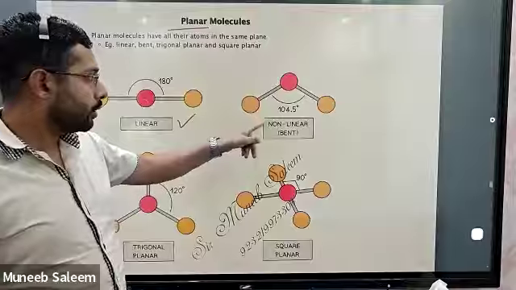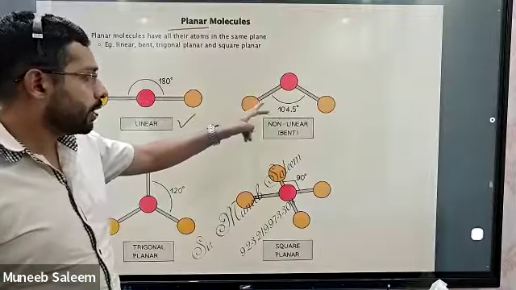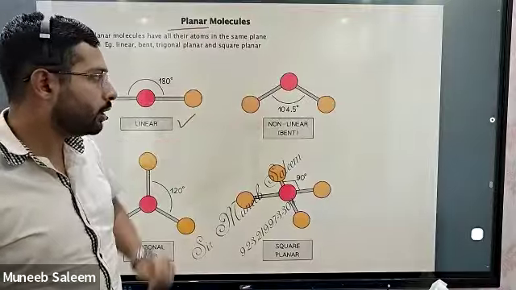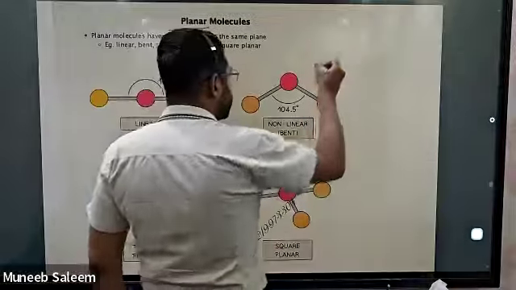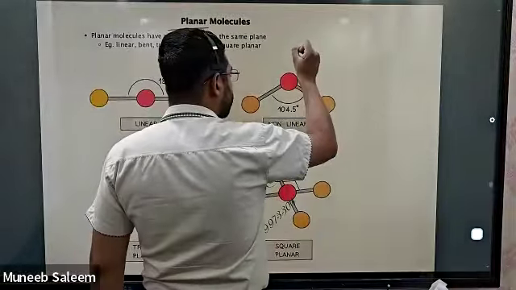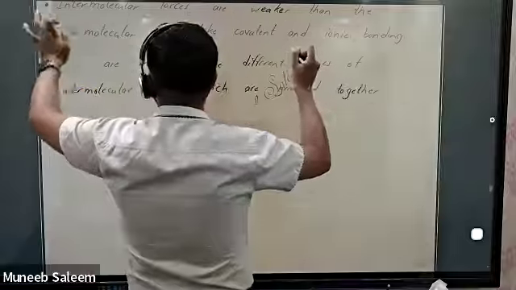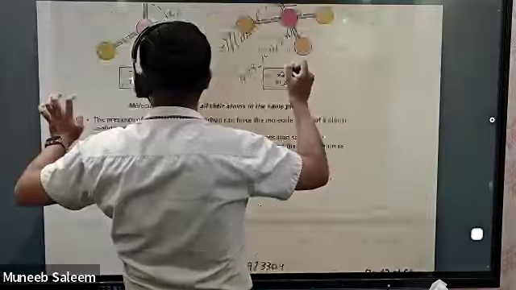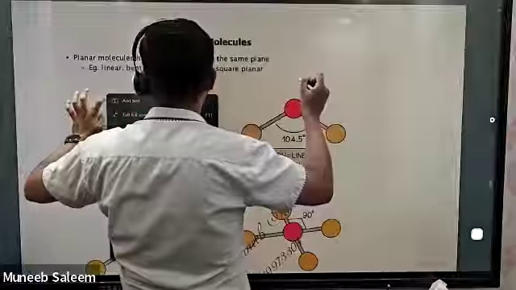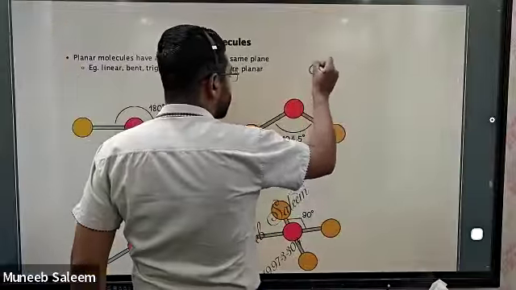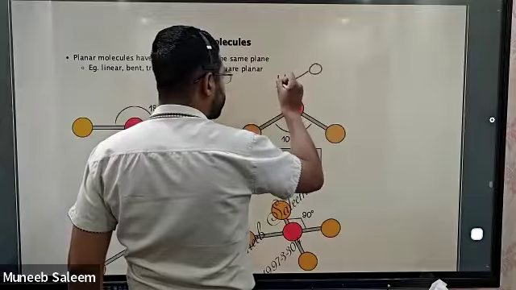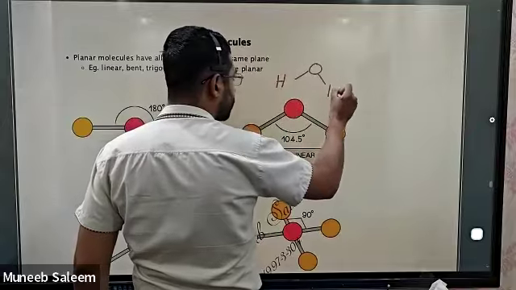Although it's again of three atoms, this one is non-linear. The angle mentioned is 104.5 degrees, and if you remember, this is an example of water, in which this pink atom is representing the oxygen and the yellow atoms are representing the hydrogen atoms.